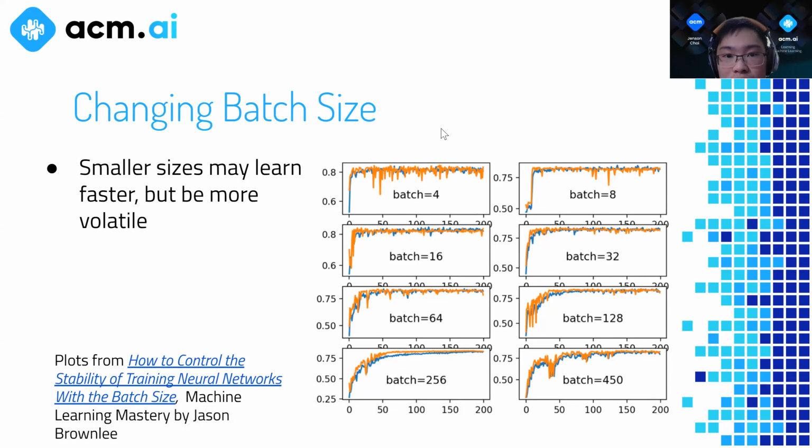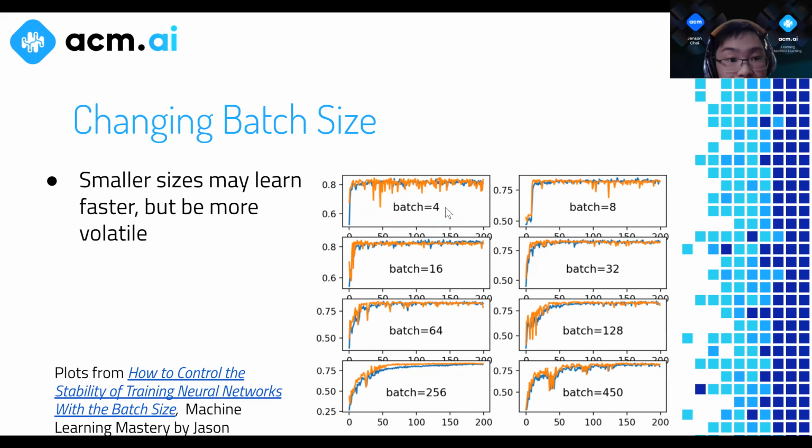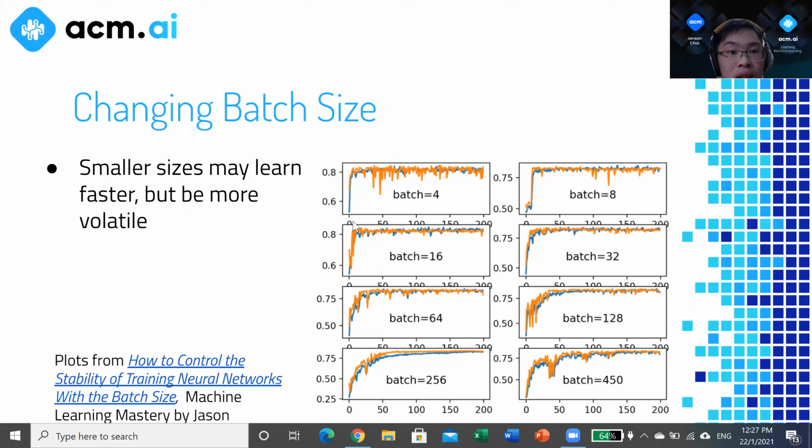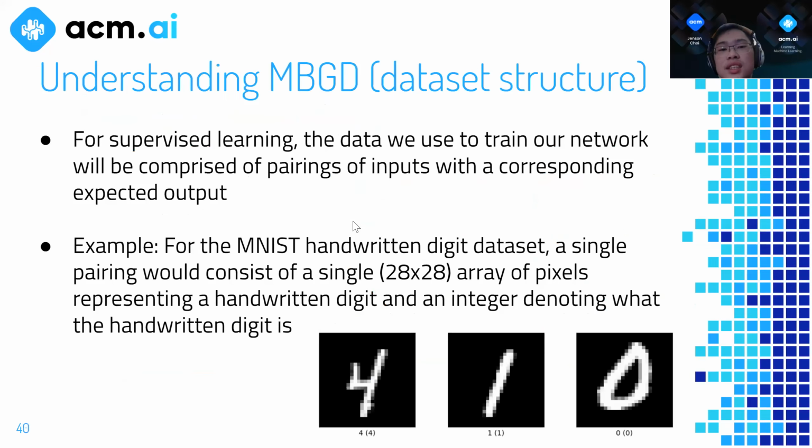Okay, the question in the chat is answered. Okay, so far we've been discussing neural networks in a pretty abstract sense. So let's actually go through a concrete example, and that is the MNIST dataset of handwritten digits.